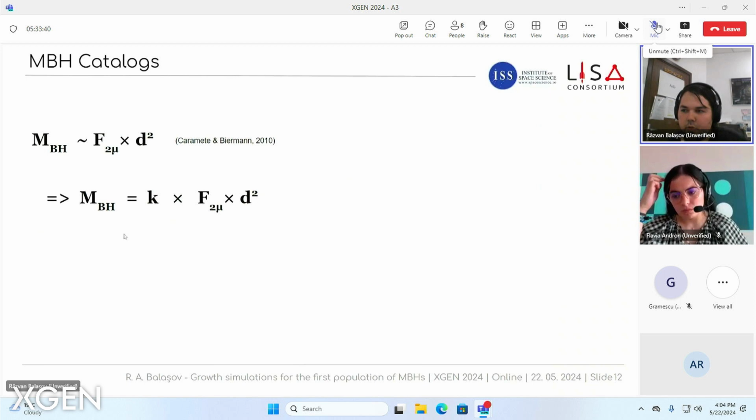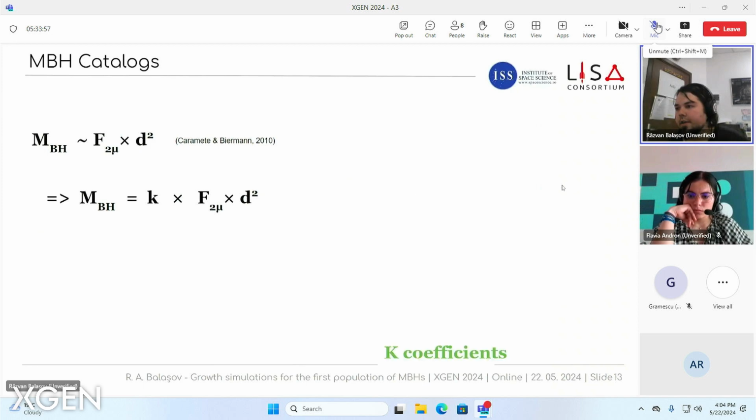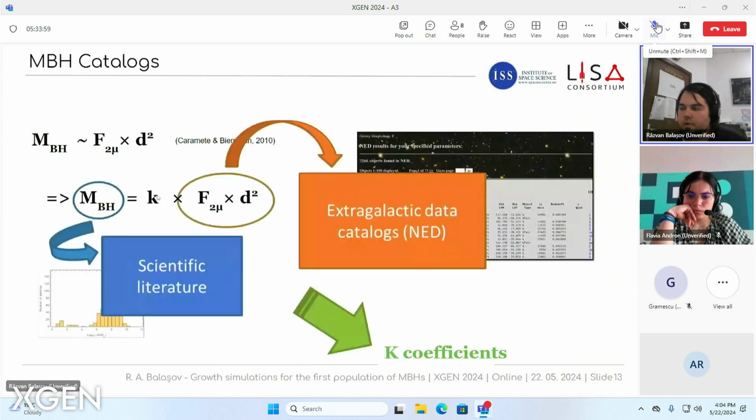I used about 600 black hole masses that are already confirmed in the scientific literature, and extracted this proportionality factor in order to make it an equation. After I extracted the coefficients, I built my own catalog.